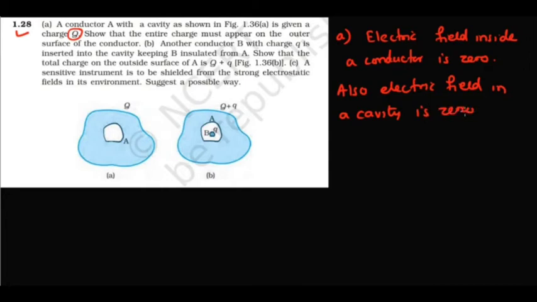Is that clear? So if we supply a charge capital Q onto this conductor, then the charge will definitely reside on the surface. How?